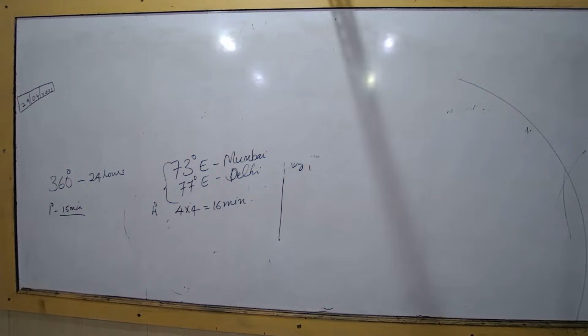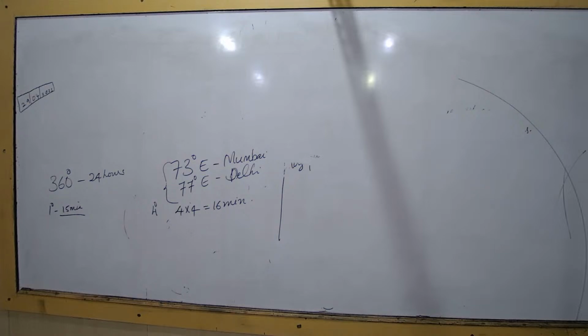See, 360 degrees in 24 hours. That means 15 degrees is 1 hour. So you take that 90 degree to that 30 degree. 30 degree, so how many 15 degrees are passed?